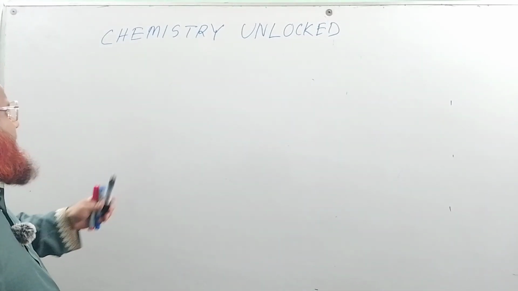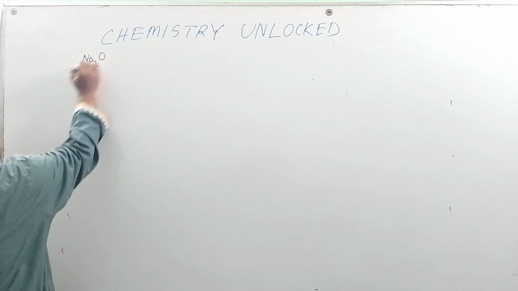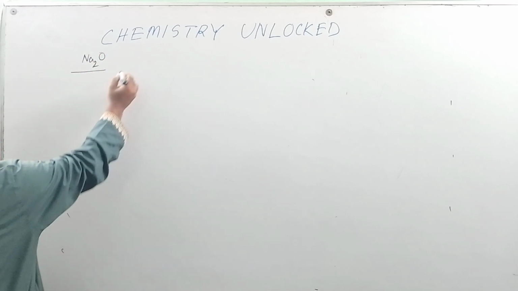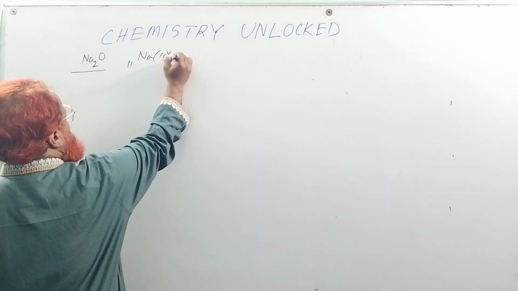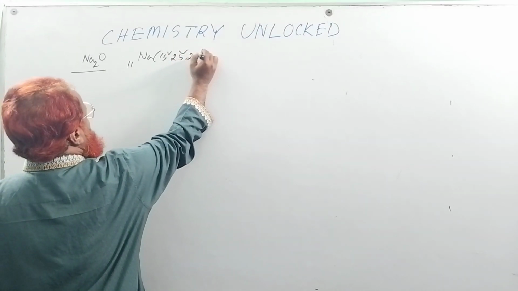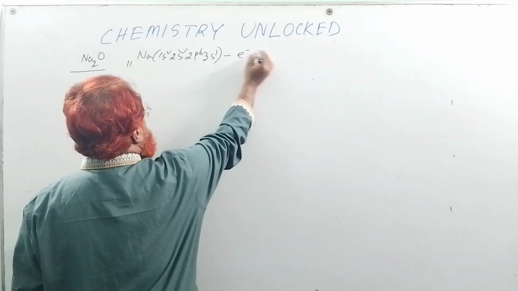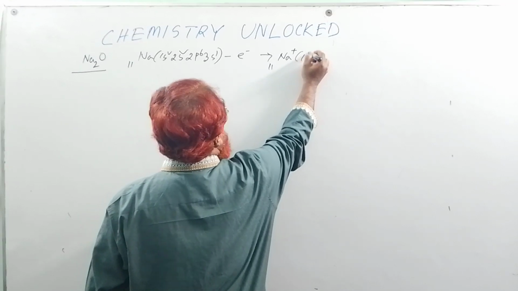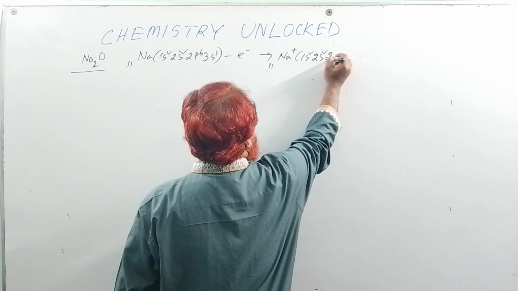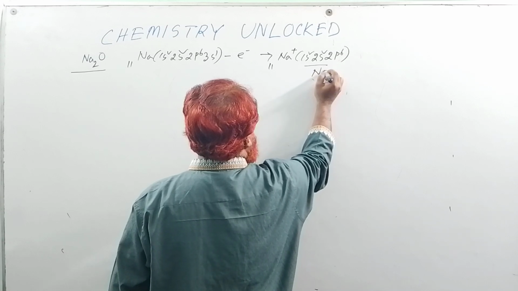Then we start covalent bond. Sodium oxide. Sodium is 11, 1s2, 2s2, 2p6, 3s1. So 1 electron will be donated here, it will be Na+, 1s2, 2s2, 2p6, similar to the electronic configuration of neon.